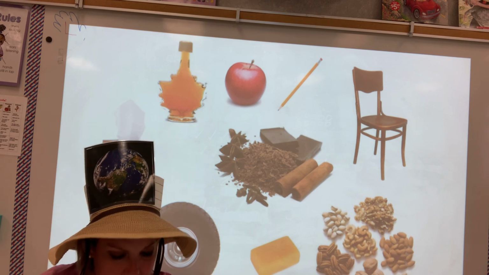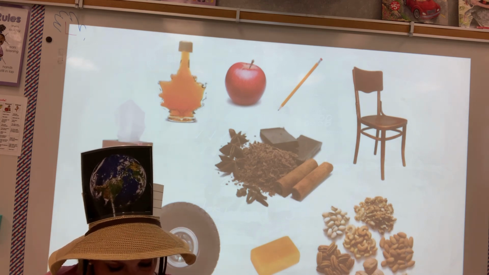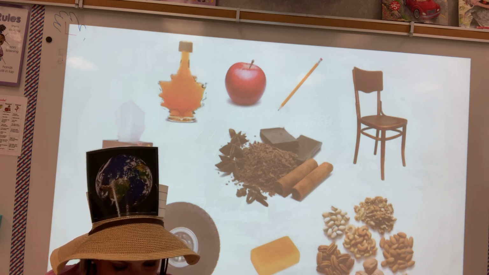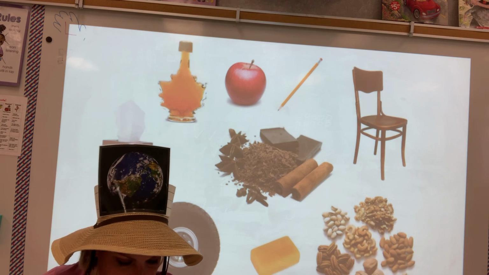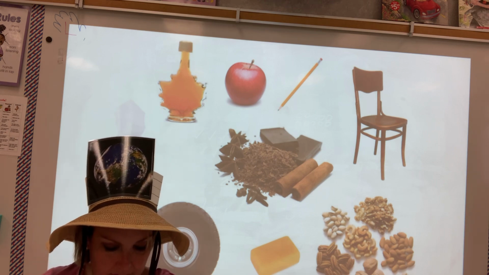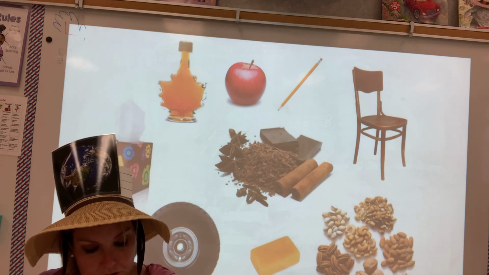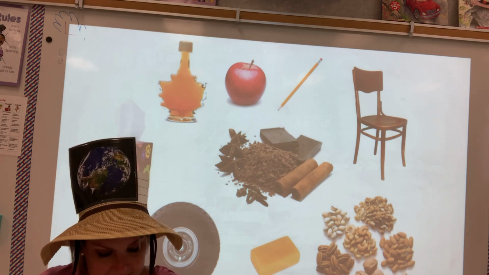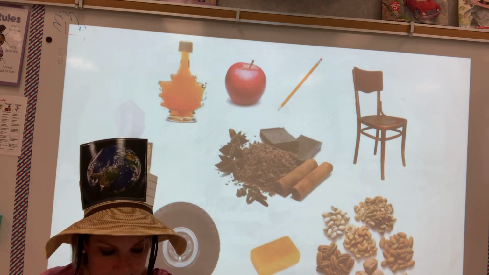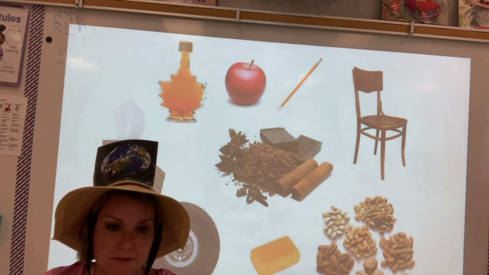For example, we use wood to make houses, furniture, pencils, baseball bats, and many, many other things. Paper is also made from trees. Everything made out of paper comes from trees. For example, your notebook, napkins, cereal boxes, cardboard boxes from Amazon, and the posters on your wall are all made from paper, which comes from trees.